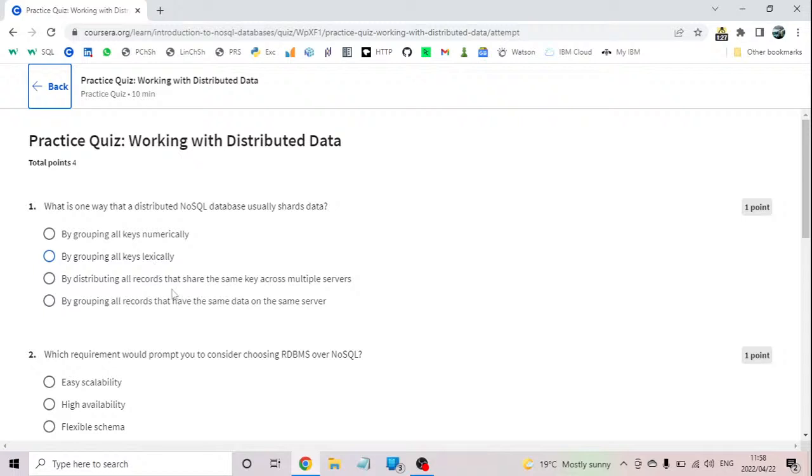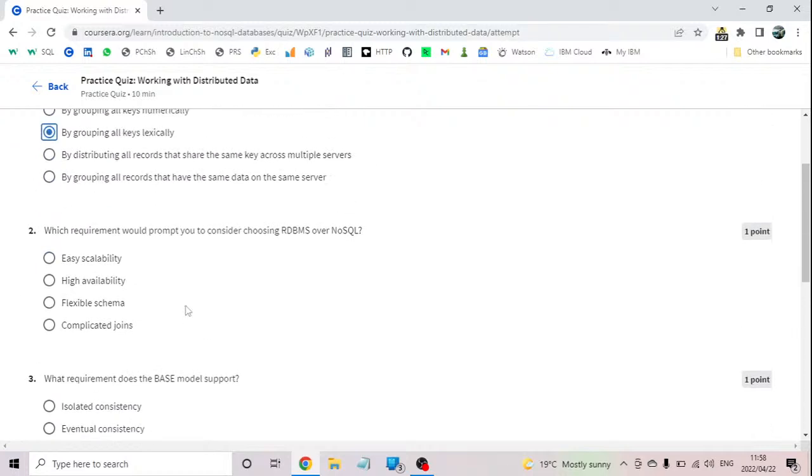Why does this one sound so right? By distributing all records that share the same key across multiple servers, by grouping all records that have the same data on the same server. But then again, we've seen this, so we should get it, right?